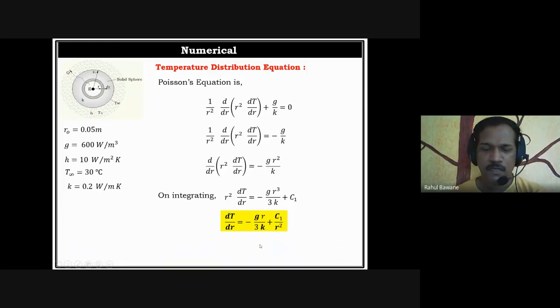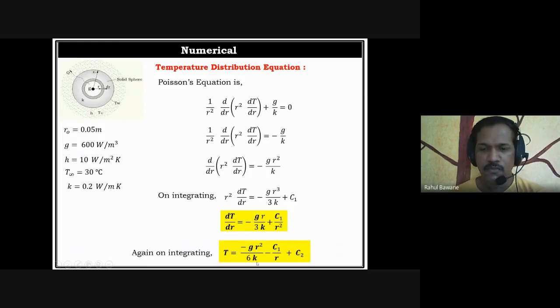Now we can integrate this equation again, and we get the temperature distribution equation: T equals minus g r square upon 6k minus C1 upon r, as the integration of 1 upon r square is minus 1 upon r, plus C2.